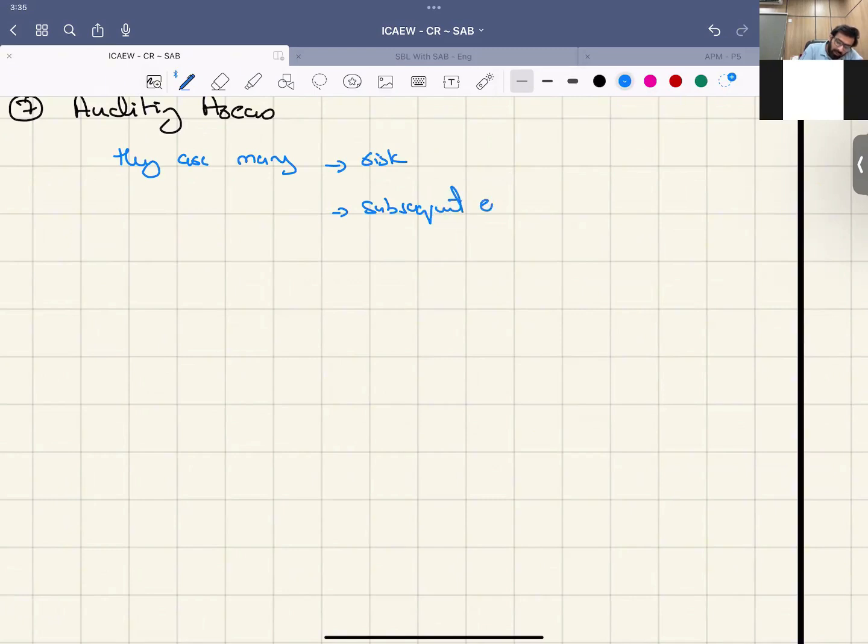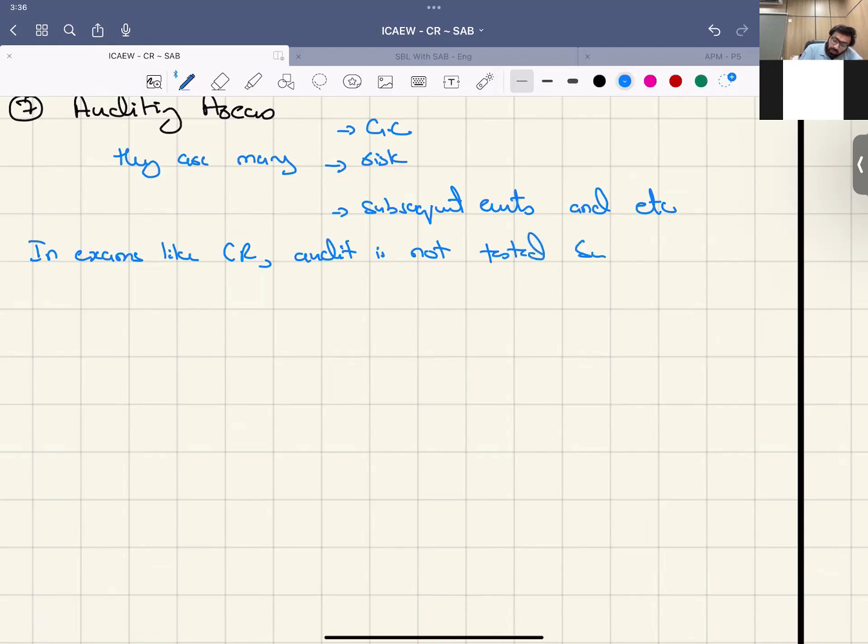But the problem is that in exams like CR, audit is not tested separately like a question.